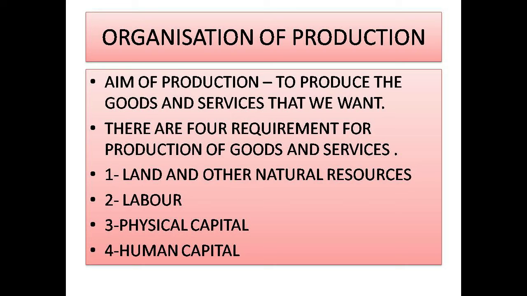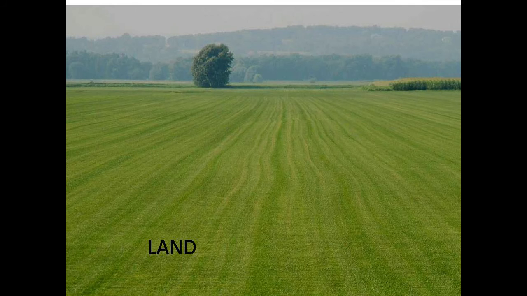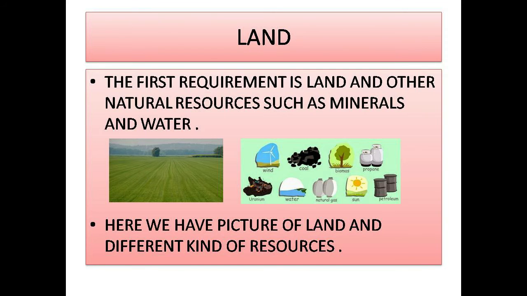And fourth, human capital. Let us first talk about land. The first requirement is land and other natural resources such as minerals and water. Here I have put two pictures. In picture 1, a big land area is shown, and in picture 2, various kinds of natural resources are there.